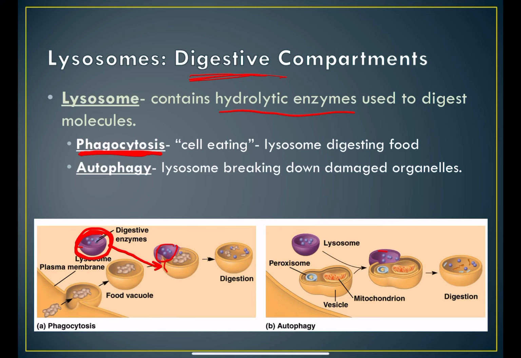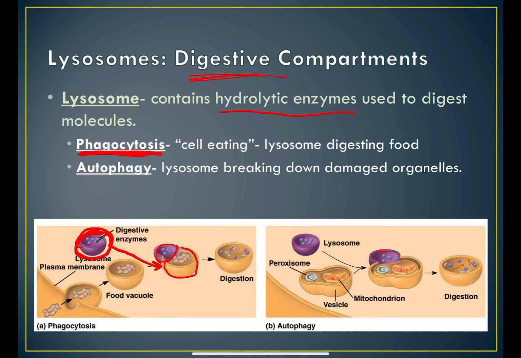We've got our lysosome bound to our food locker, and it pushes the digestive enzymes into the food vacuole and starts to break down those food molecules and digest. That process is called phagocytosis. Phago literally means eat, and anything cyto is cell. So that means cell eating, phagocytosis.